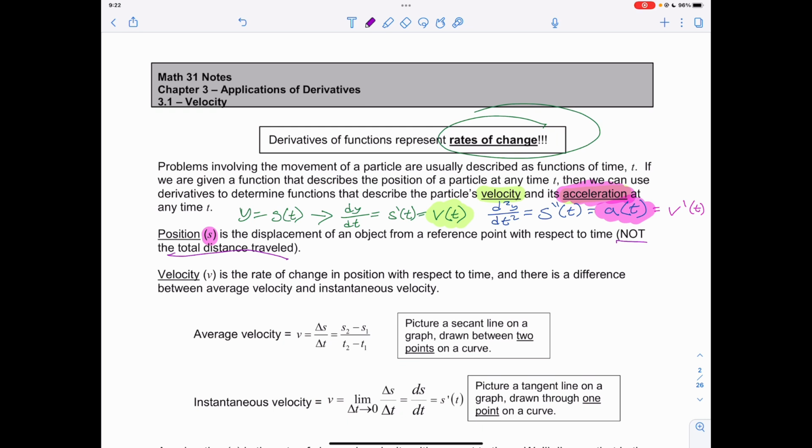And there's a difference between average velocity and instantaneous velocity. Remembering that when we take the average, that's going to be the slope of the secant, and the instantaneous is our slope of the tangent.